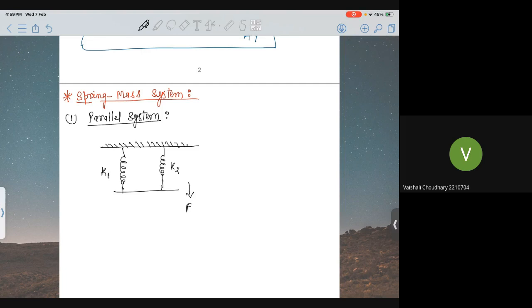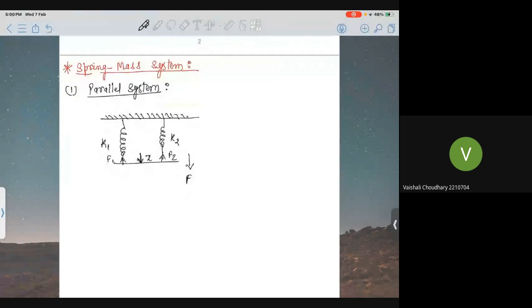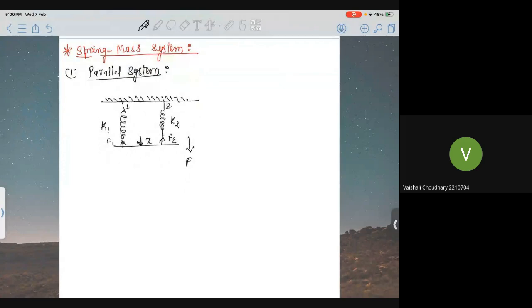Okay, so the deflection will be X, because if you stretch it, it will deflect in the direction of force, but at the same time the individual spring will exert an opposite force, acting opposite to the direction of the applied force. So for spring 1, this is F1, and for spring 2, this is F2.